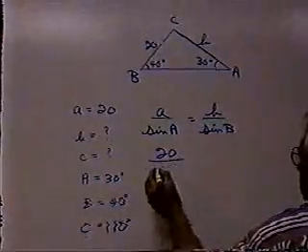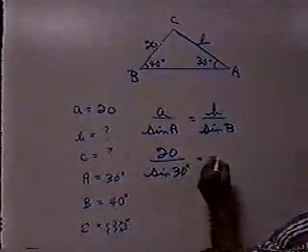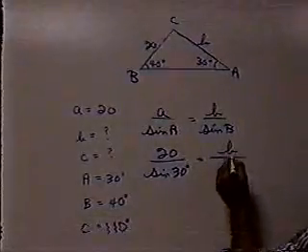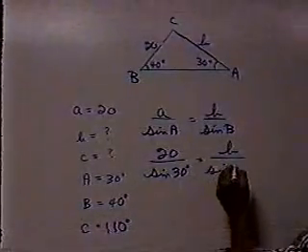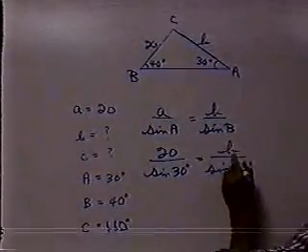We have 20 is to the sine of 30 degrees, as b, which we don't know, is to the sine of 40 degrees. And now working these, you always cross multiply.